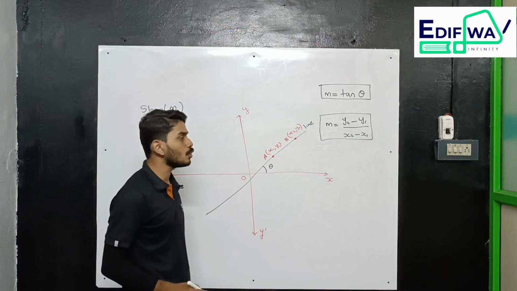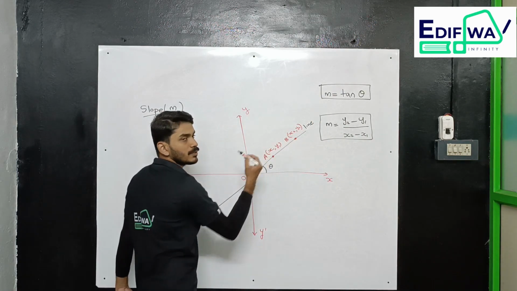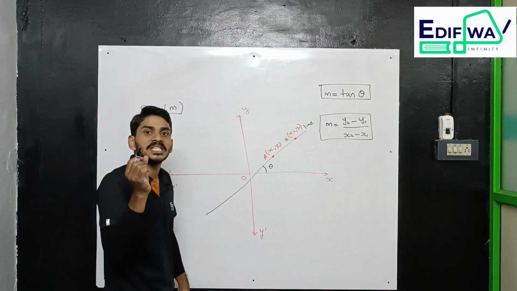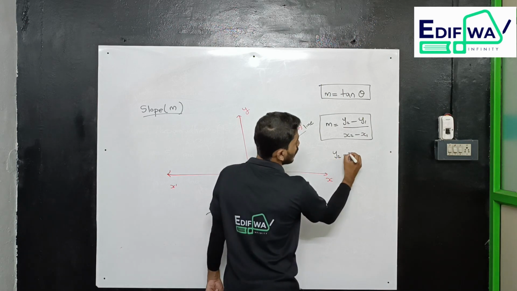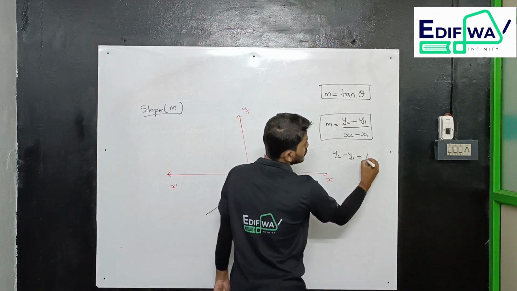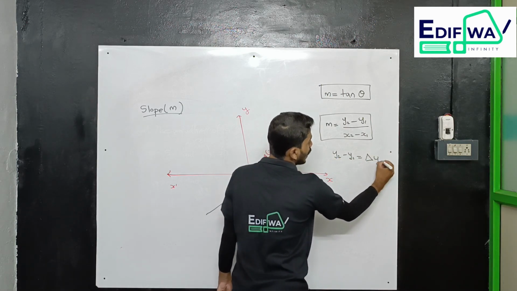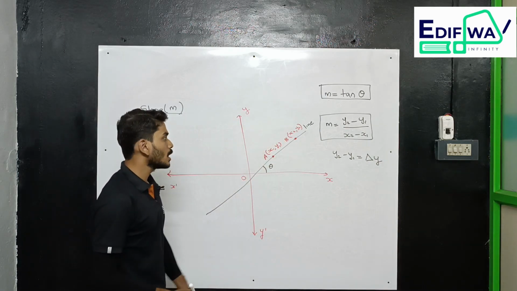Slope M is equal to y2 minus y1, which means it is the change in the y coordinate, right?